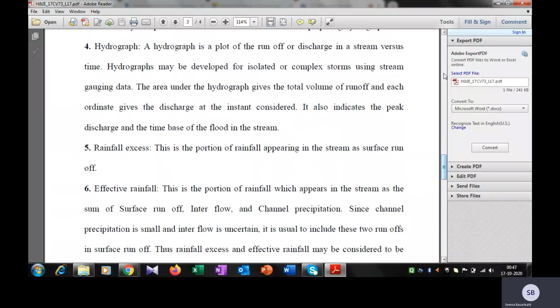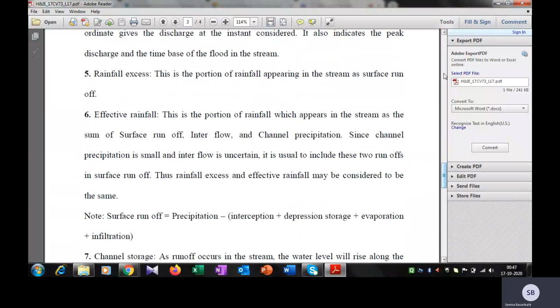Next comes the rainfall excess. This is the portion of rainfall appearing in the stream as surface runoff. Effective rainfall. This is the portion of rainfall which appears in the stream as the sum of surface runoff, interflow and channel precipitation.